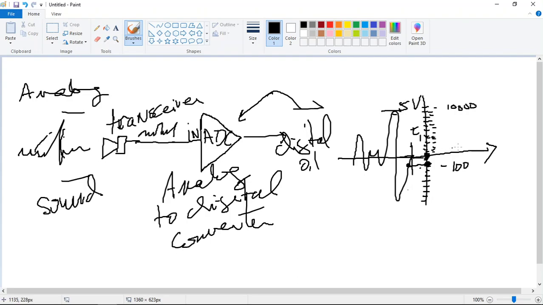As this wave is progressing on the pins, on the output of this chip, it's going to give the value for every time position that it took a snapshot of. There's not much else to explain.